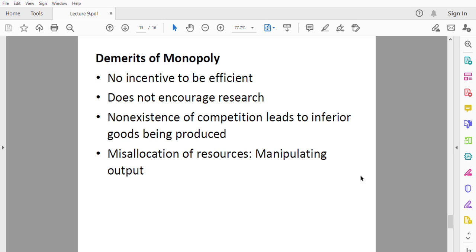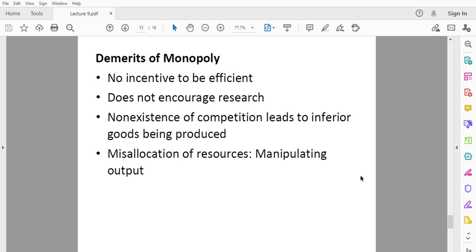As I mentioned, the monopolist might not be efficient because he is not in competition with anyone. So he might end up producing inferior goods so that his cost will be less, and he will earn some more profit. The last is misallocation of resources.